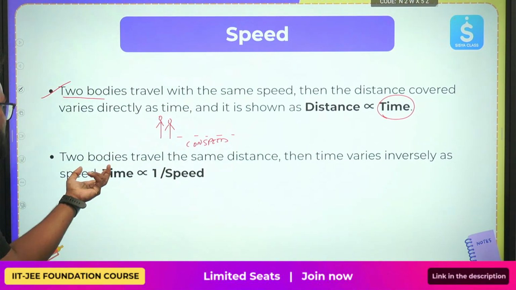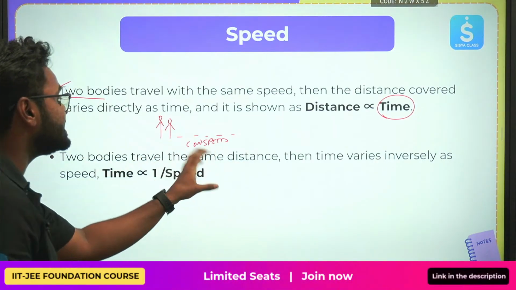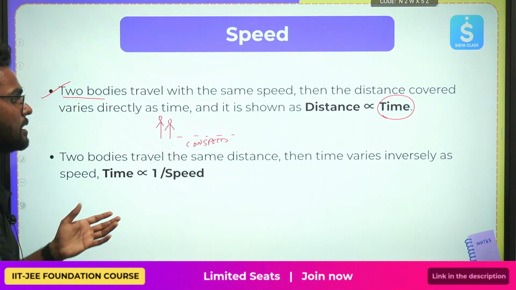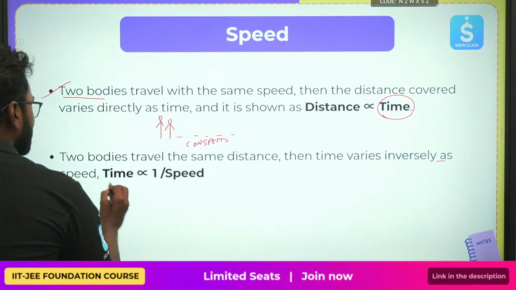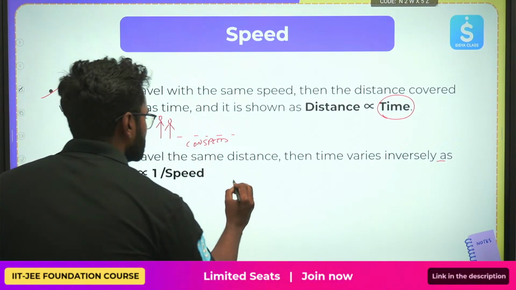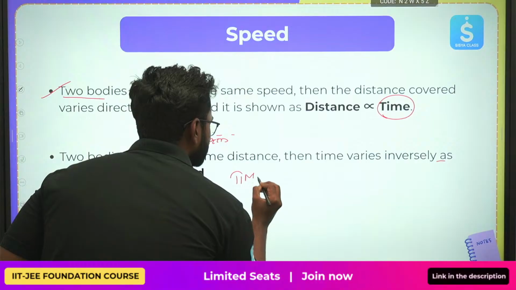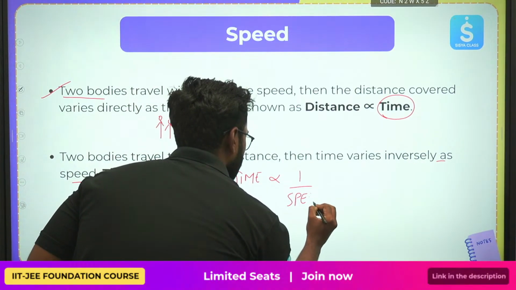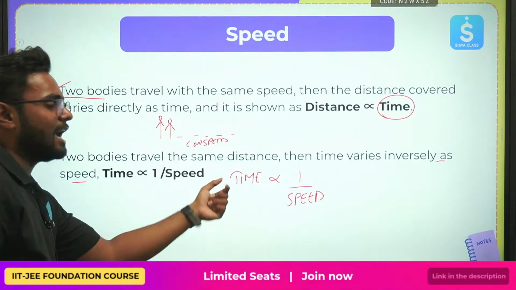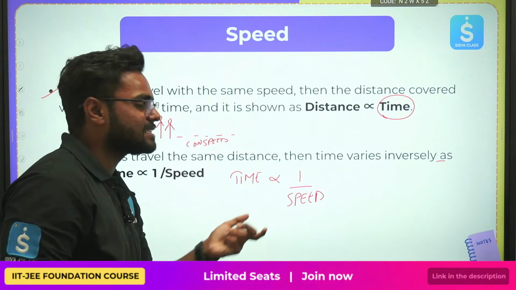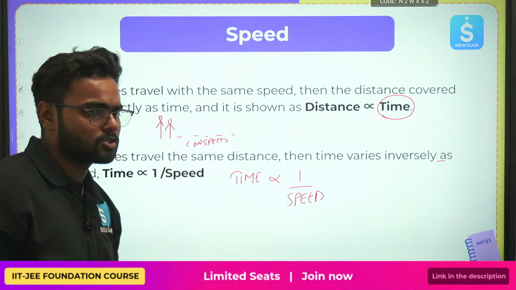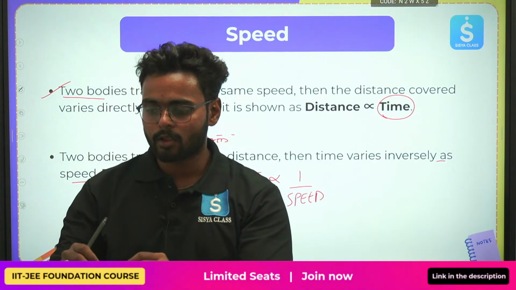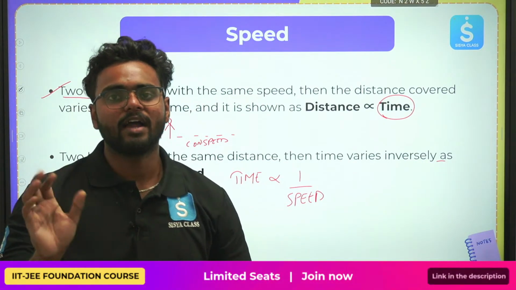Now second, if two bodies travel the same distance, then the time varies inversely as speed. So basically time is inversely proportional to speed. You have many examples. If time is increasing, speed is decreasing. Let us assume you are walking 3 meters in 5 seconds.